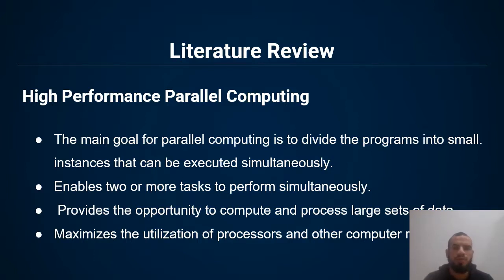So, for example, if we have very large data, like thousands of terabytes, and we need to perform a specific process on each of these data, instead of performing it one data at a time, when we have parallel processing, we can perform these tasks faster, simultaneously, on many data at the same time, say a few gigabytes at a time.